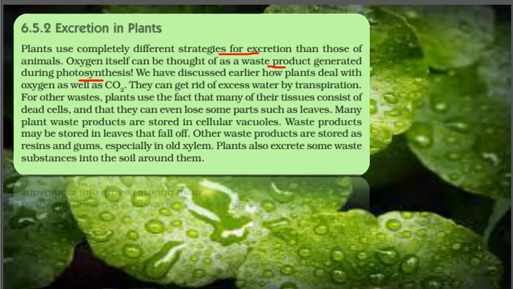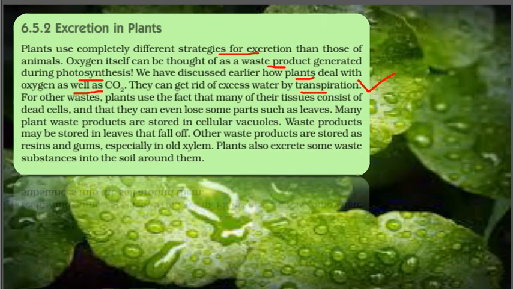Yes, and we also discussed how plants deal with oxygen as well as carbon dioxide. We already studied this. Okay, and here they can get rid of excess water by the transpiration process. So through the transpiration process, the excess amount of water is excreted out, through the process that is called transpiration.